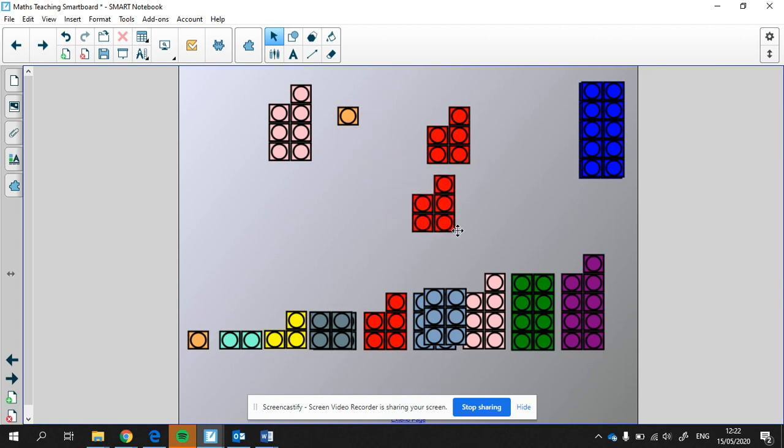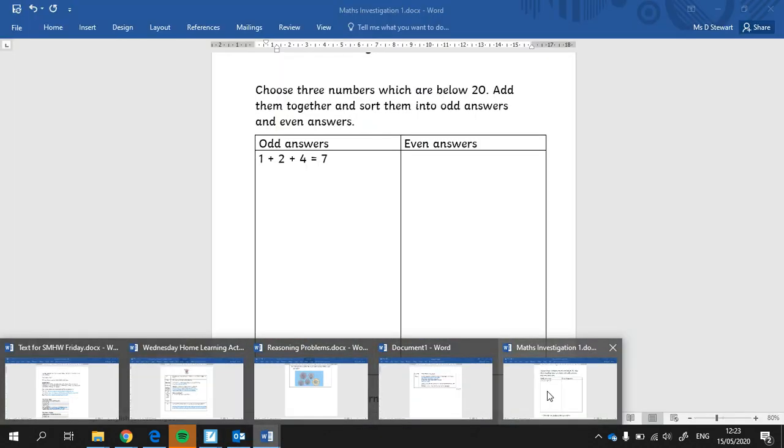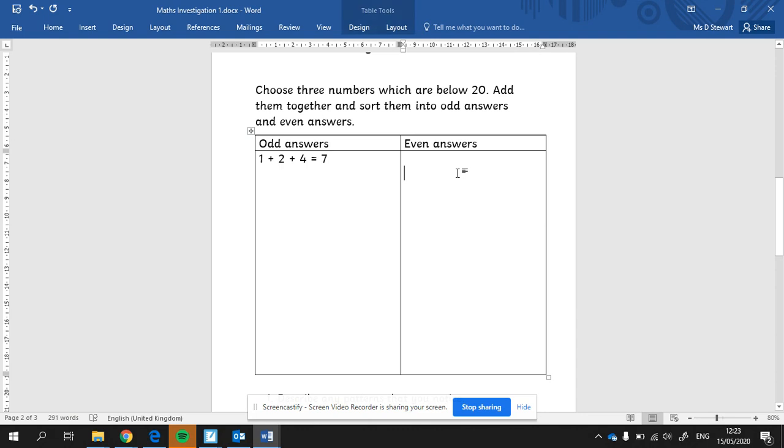So the 5 and the 5 makes 10. And if I give that one over, that makes 18. So you might spot some clever ways of adding the numbers together. So we had 5 plus 6 plus 7 was 18. Let's put that in our table. So that was an even answer.